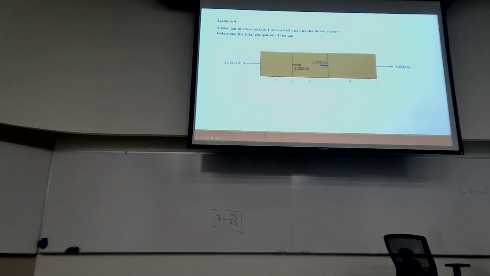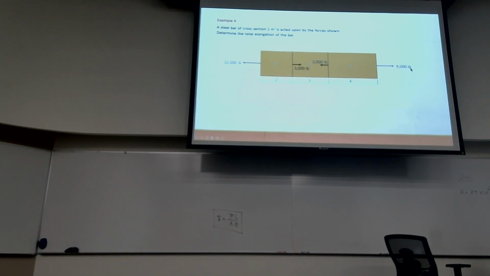This is a leftward force, 2,000 pounds, and this is 9,000 pounds. Dimensions are shown. These are the lengths of 2 feet, 3 feet, and 4 feet. Cross-sectional area is 1 square inch. And this is steel. And we're asked to find the total elongation of this wire.